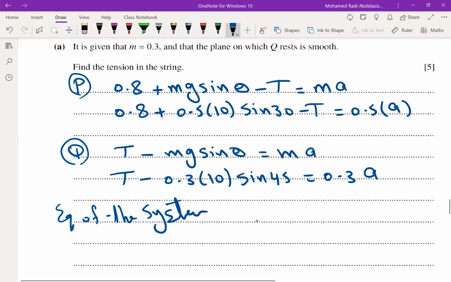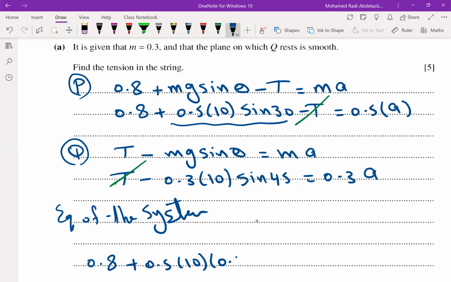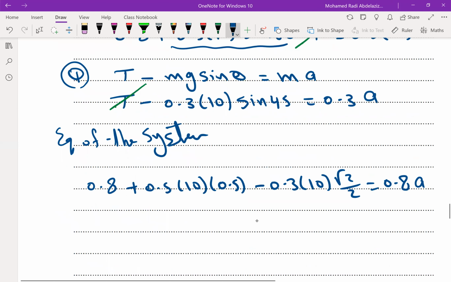If we add, we remove the tension, minus T and plus T, then 0.8 plus 0.5 multiplied by 10 multiplied by sine 30, which is 0.5 multiplied by 10 multiplied by half, minus 0.3 multiplied by 10 multiplied by root 2 over 2 is equal to 0.8 times the acceleration. You can solve this equation to find the value of the acceleration.